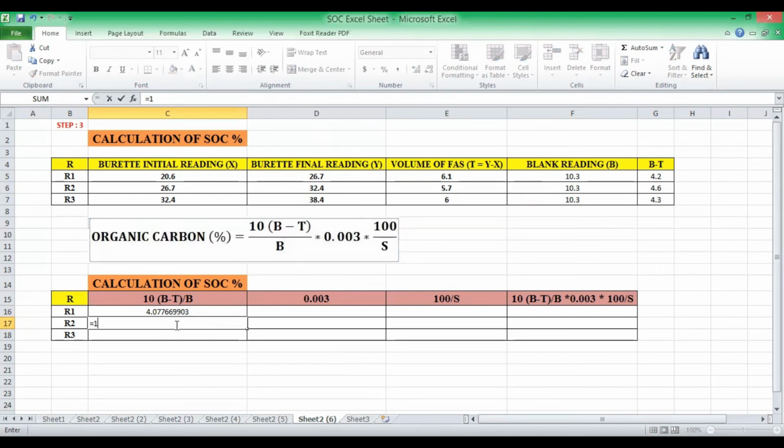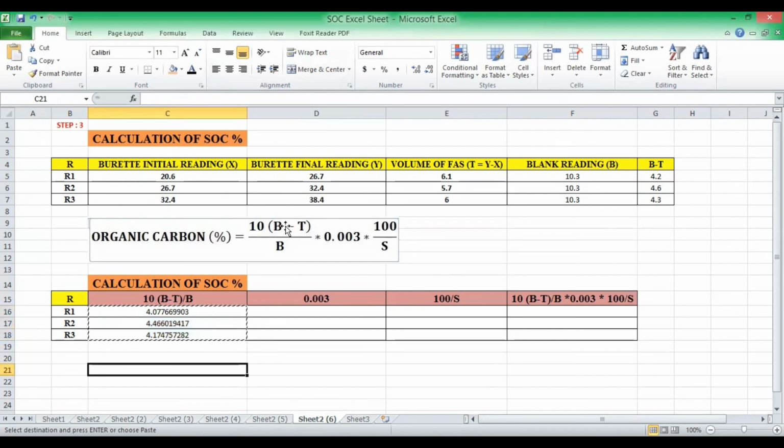So here it will be 10 into, for replicate 2, the B minus T value is 4.6, and you divide it by B, which is 10.3. Now you'll get this value here as well. The last, equal 10 into, for replicate 3, it'll be 4.3, divided by 10.3. So now you have obtained the value for this part of the formula.